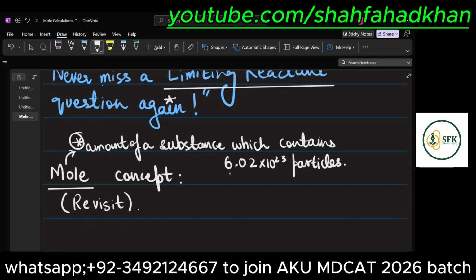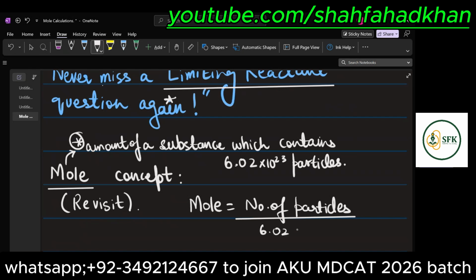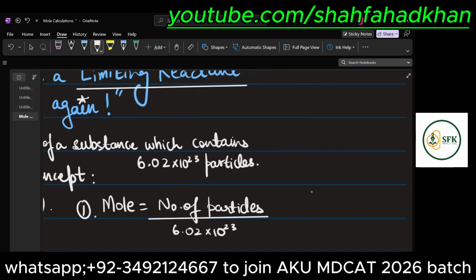There are other formulas of moles that you need to know. For example, mole is equal to the number of particles divided by the Avogadro's number. Avogadro's number is 6.02 times 10 to the power of 23. That's the first formula for calculation of moles. The second formula is in terms of mass in grams.